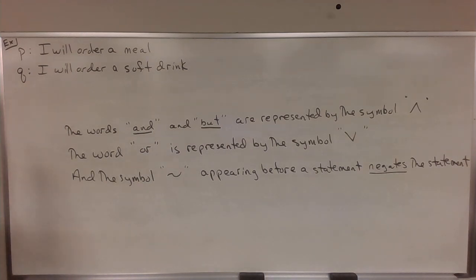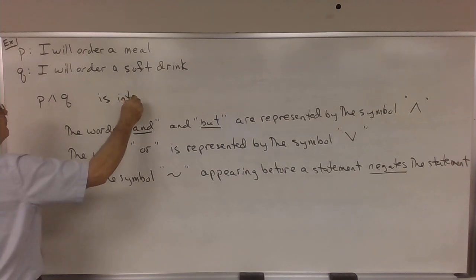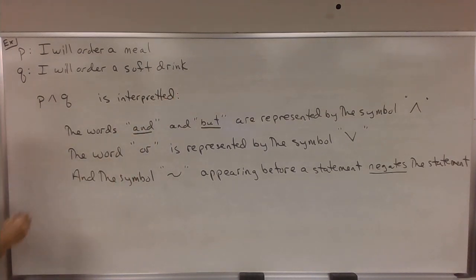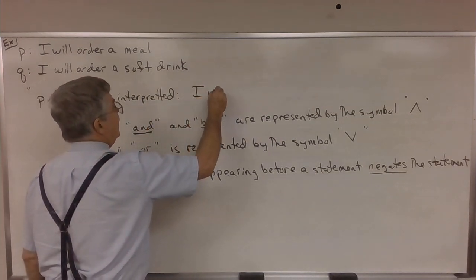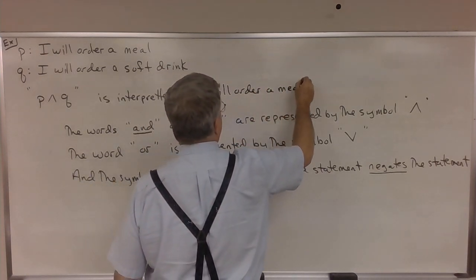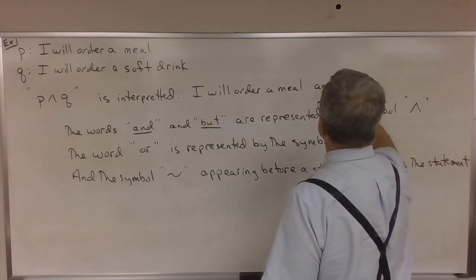So, this statement in symbolic logic is read P and Q and is interpreted, P, I will order a meal, and Q, I will order a soft drink.